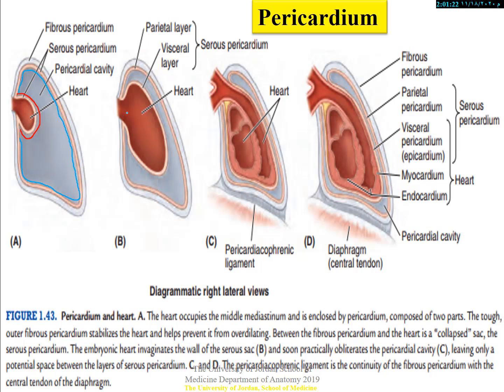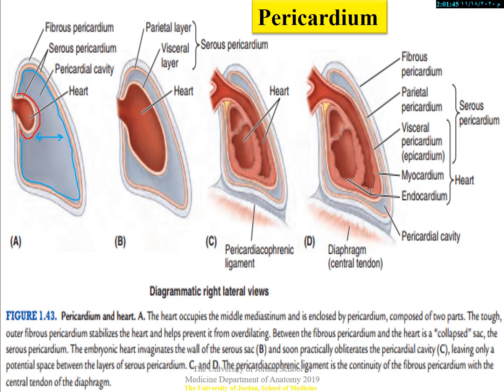Now, as the heart gets more and more inside this balloon, the space between the visceral and the parietal layers, which would be the pericardial cavity, is decreasing.